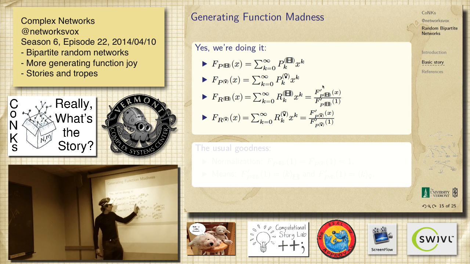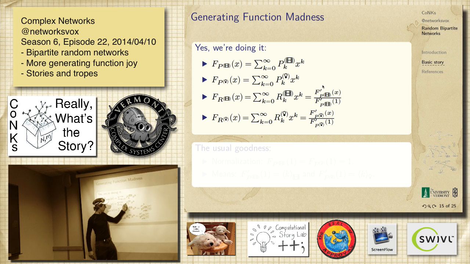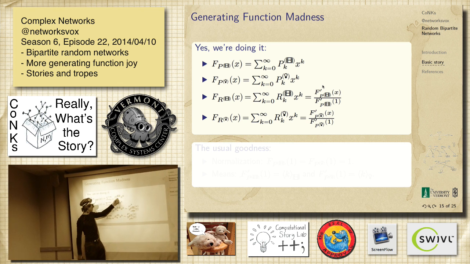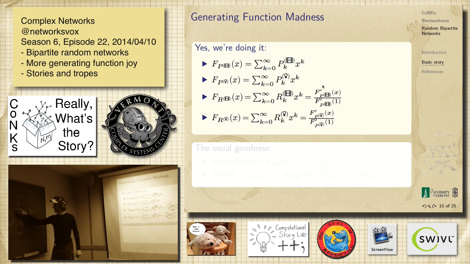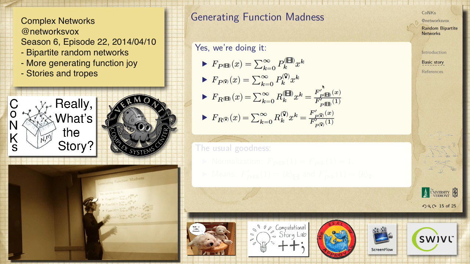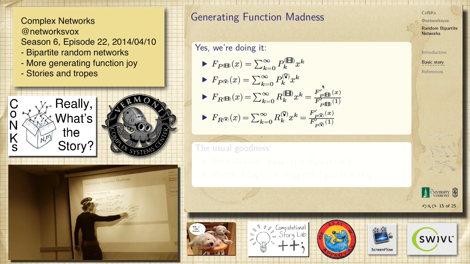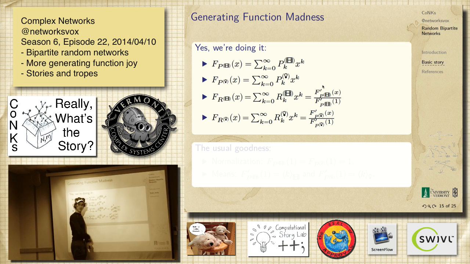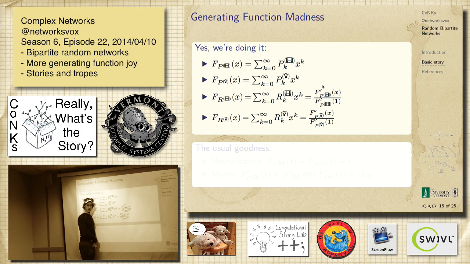And the connection between the probability that a story has degree k and the probability that a story that you end at after following a link has k other tropes associated with it is the same picture. It's the derivative of this generating function divided by the normalized population.